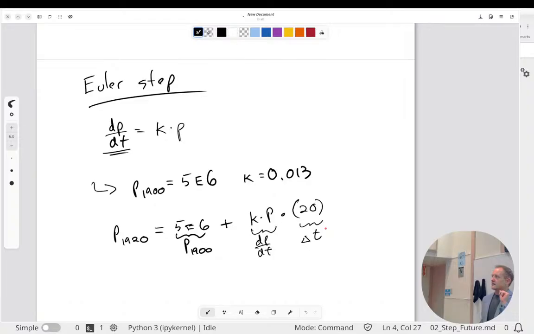So we're using an initial condition, an exact evaluation of our derivative, but we're saying that derivative is constant for 20 years, at least in this case. We can make it as small or as big as we want, but that was kind of what we did here.